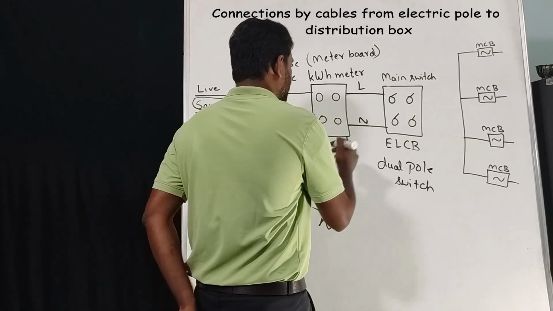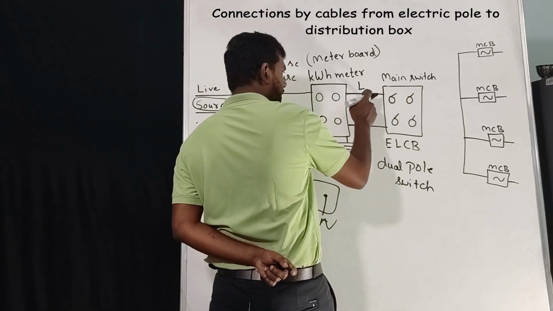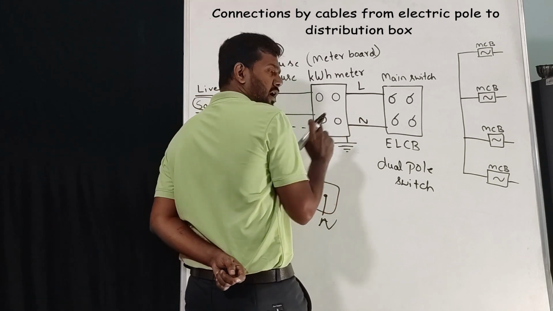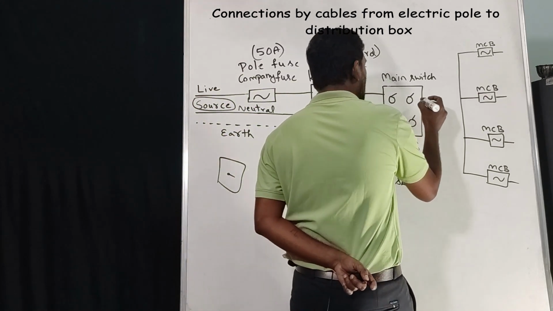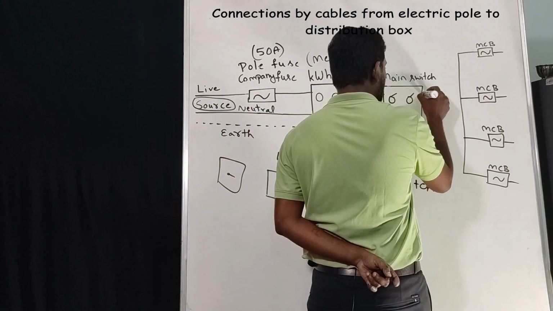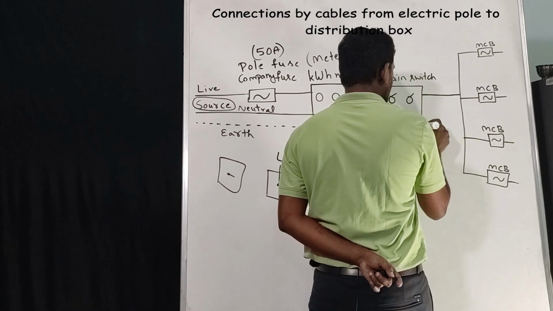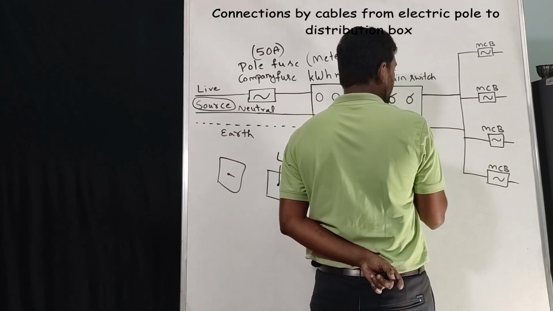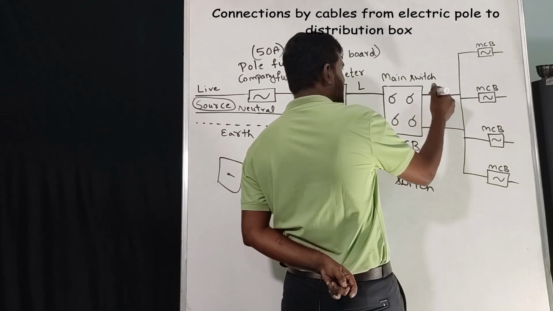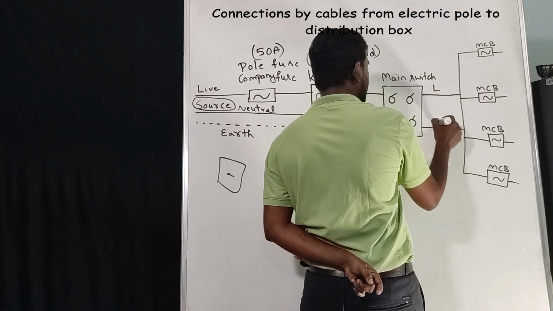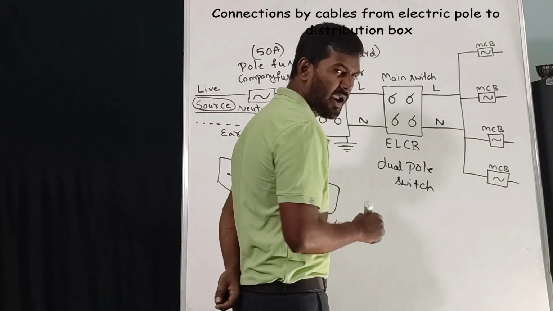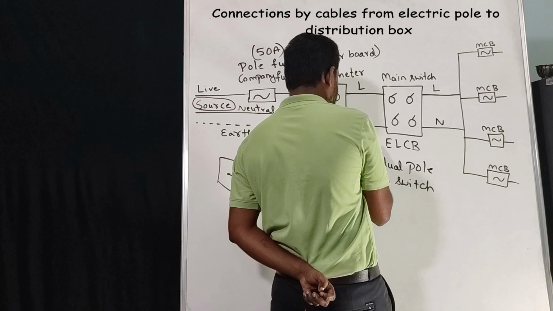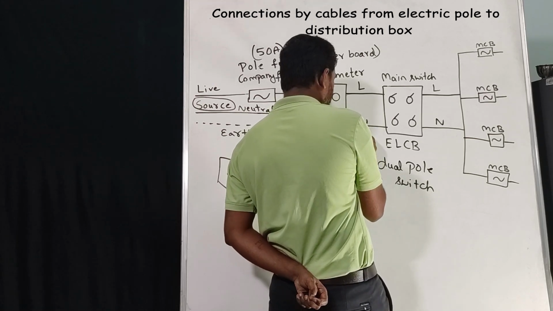Next, this main switch has only two connections, live and neutral wire. From the main switch, two wires will go, that is nothing but live and neutral, and from here the earthing connection will be taken.